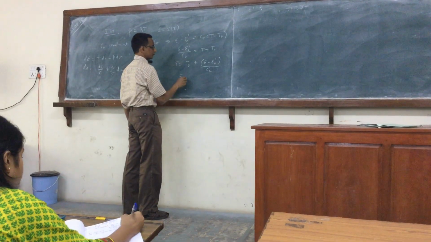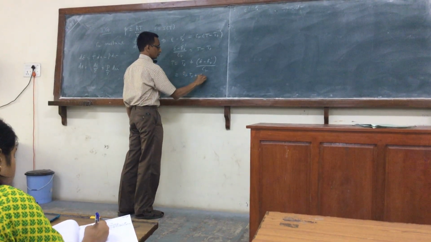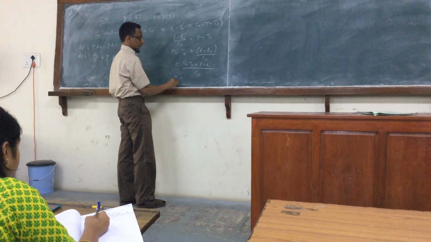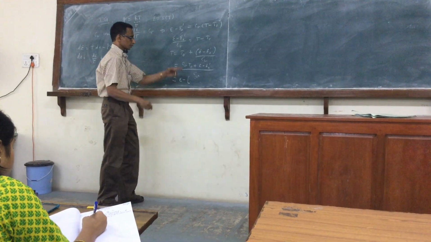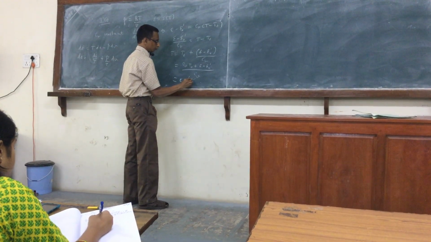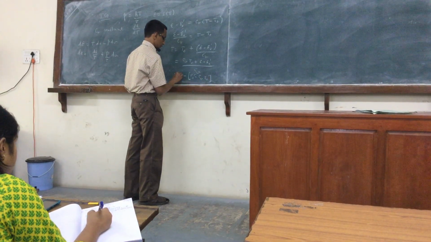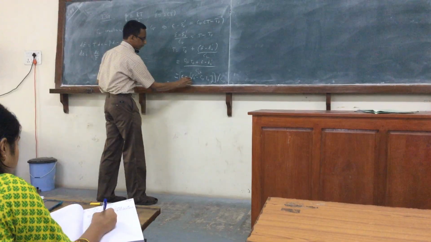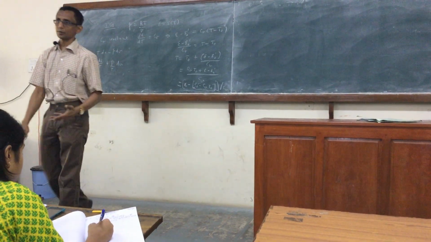So I will write this further as Cv T naught, which is further written as E minus E naught prime minus Cv T naught, divided by Cv. So I'm going to call this group of terms E naught. That's the constant.